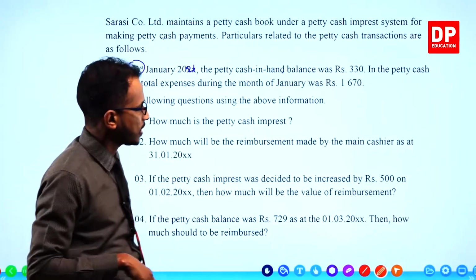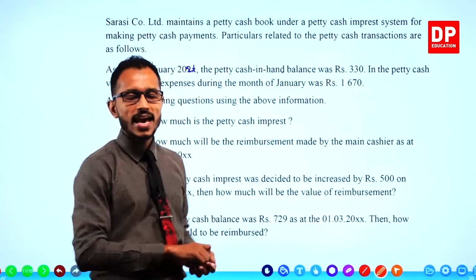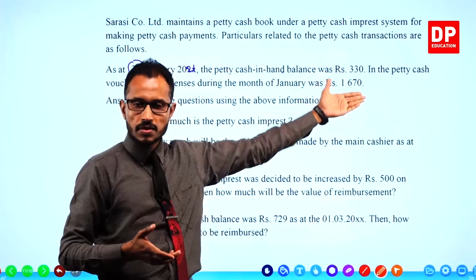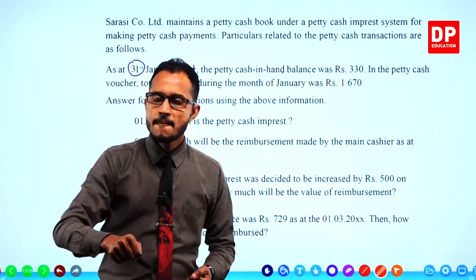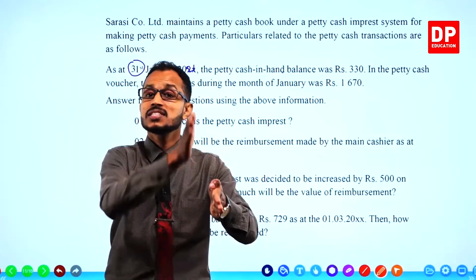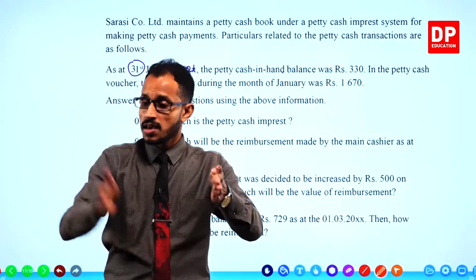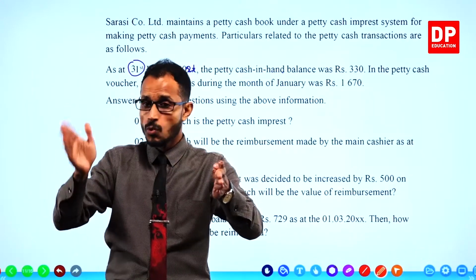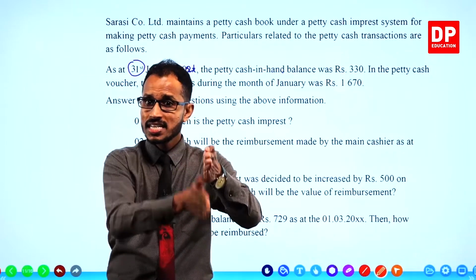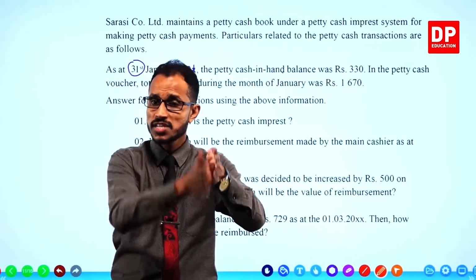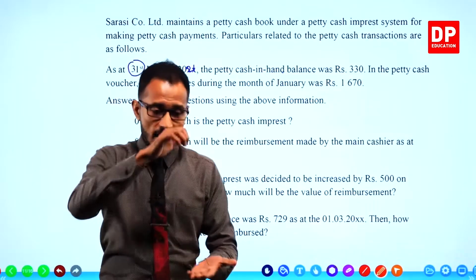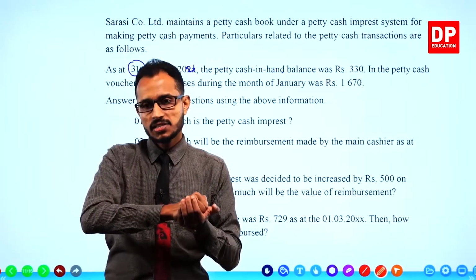Okay, 330 petty cash balance with the petty cashier. It means that after all the petty cash expenses are done during the month of January, at the very end of January, 31st of January, 330 cash was remaining at the petty cashier.